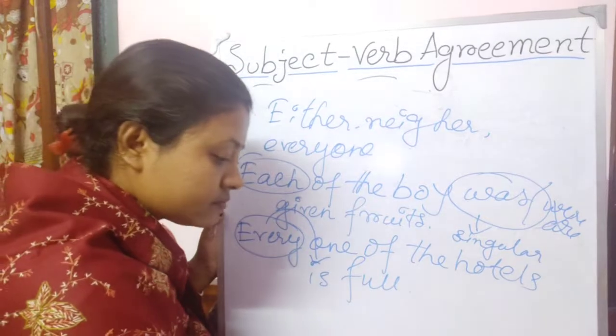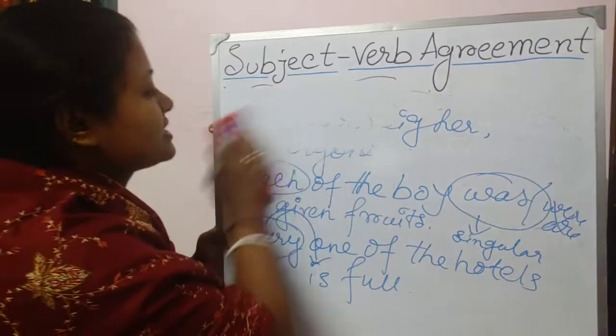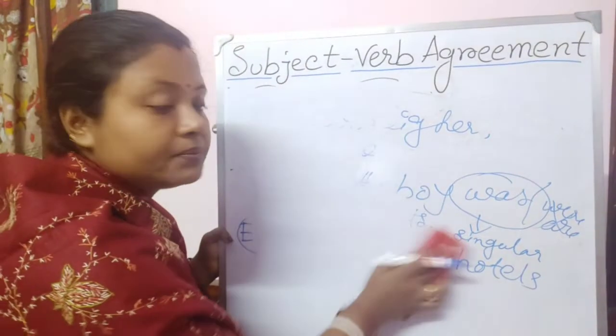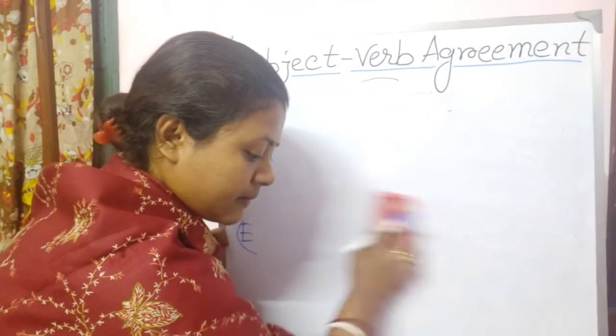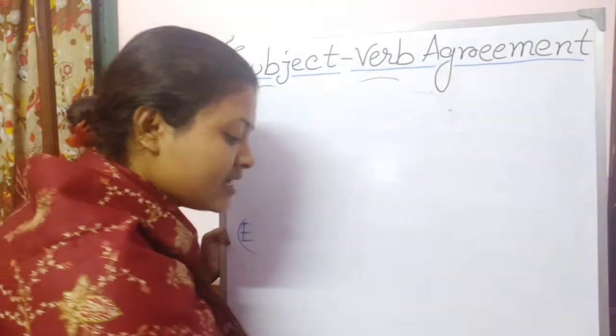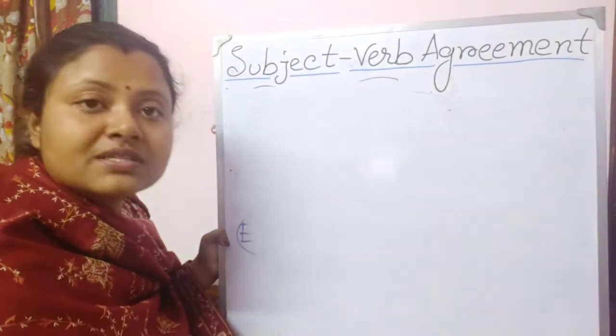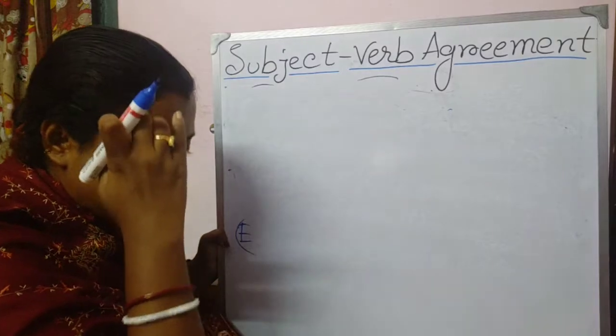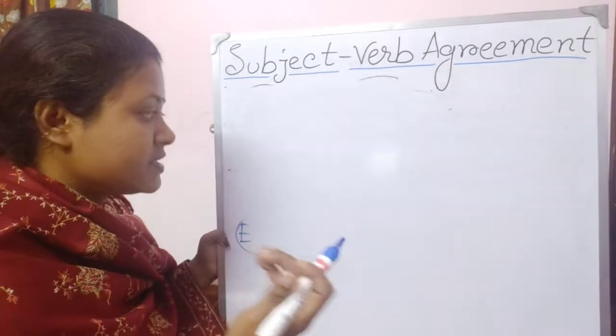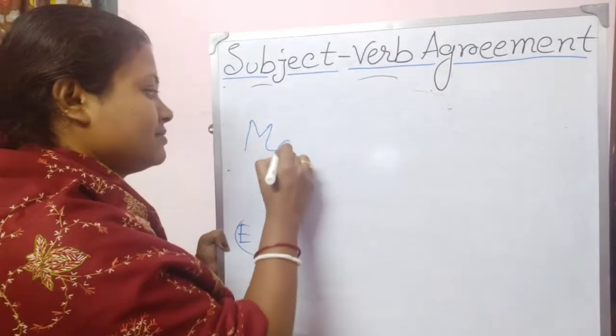Okay, come to the next example. Some nouns are surely followed by singular verbs. For example, mathematics.